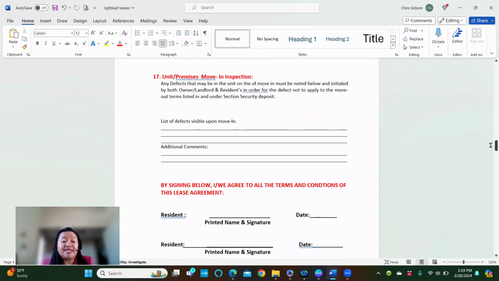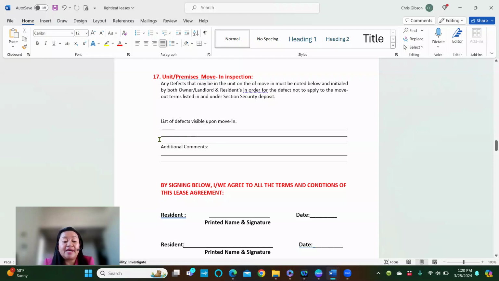And number 17 is the last page, which is the unit premises move-in inspection. This is what we do before the tenant signs the lease. I lead them to check the unit, especially the electric, the water, the sink if it's not clogged, the tap, the toilet, and also if they see some damage in the wall or any defects, and the appliances, if they work.